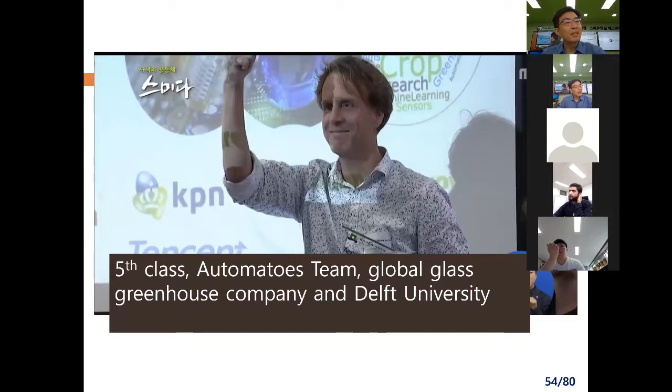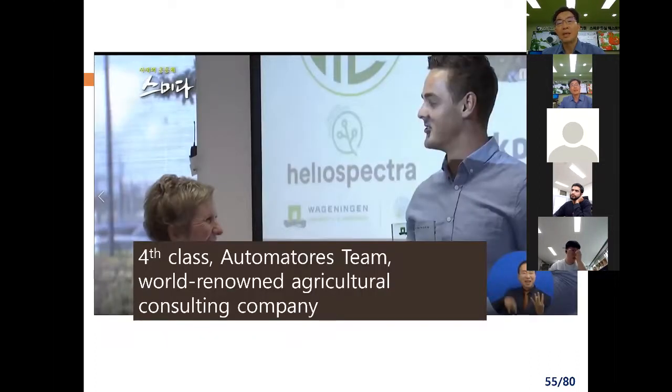The fifth class is the All Tomatoes team, which consists of researchers from Global Glasses Greenhouse Company and the researchers from Delft University of Technology in the Netherlands. The fourth class is the team of researchers from Delphi and Agroenergy, an agricultural consulting company in the Netherlands.